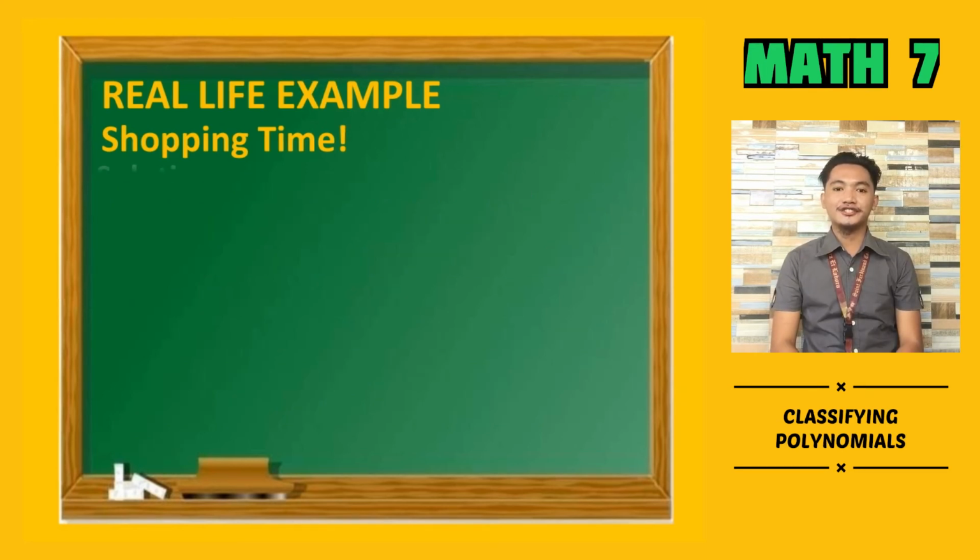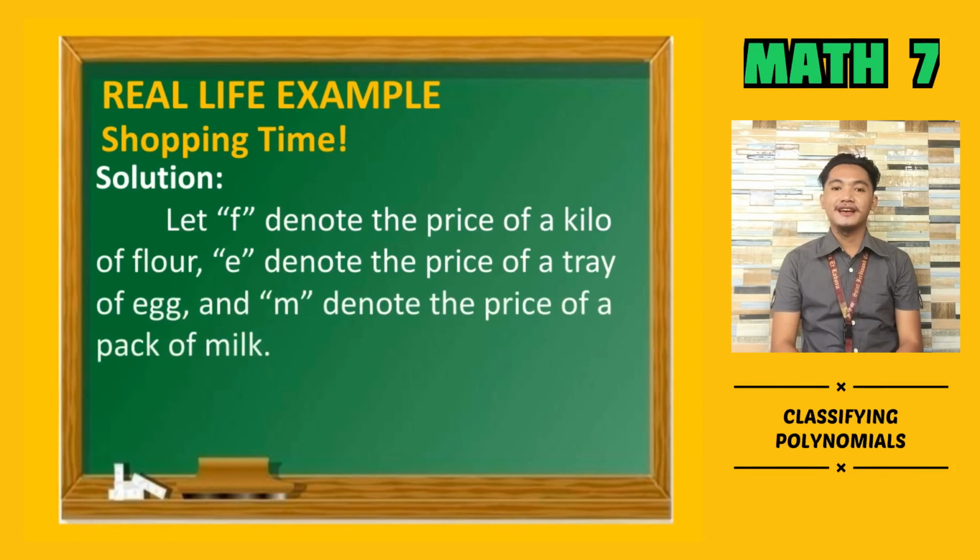This is our solution. First, let F denote the price of a kilo of flour, E denote the price of a tray of egg, and M denote the price of a pack of milk.